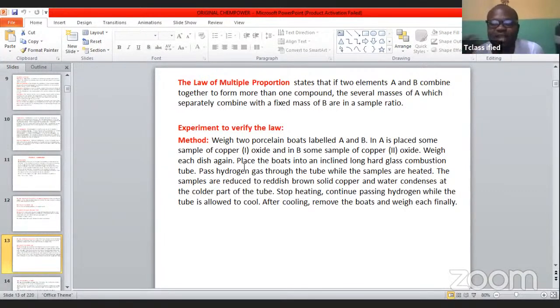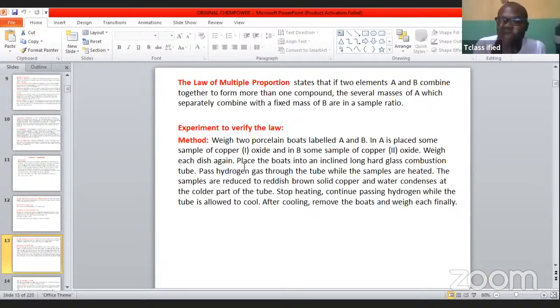But in a situation where they don't form only AB, element A combines with B and forms AB, and also forms AB2, and also AB3. So when A combines with B, it's not only forming AB alone. It can produce more than one product. That's what it's saying: the ratios in which A combines with B in those different compounds are in simple ratio.